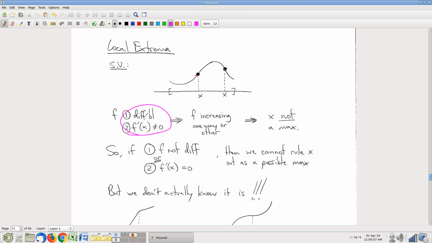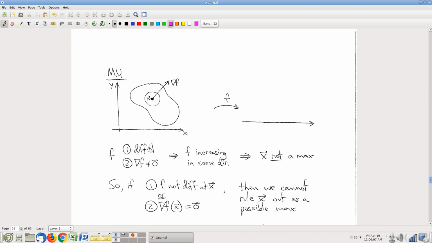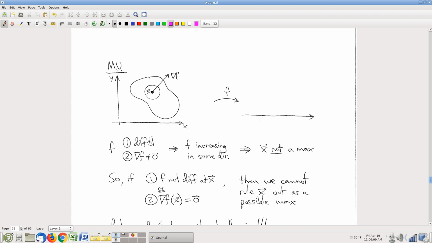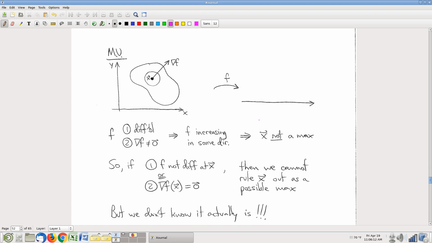The big deal is, if the function's differentiable and the derivative is not 0, our function is actively increasing, and therefore that's definitely not a maximum. And the same thing works in multivariable. Note the deliberately similar layout.